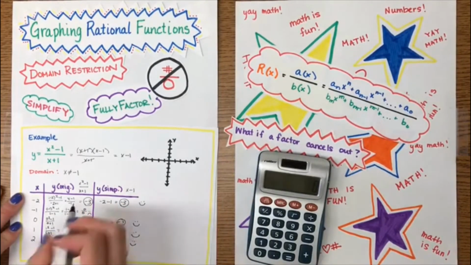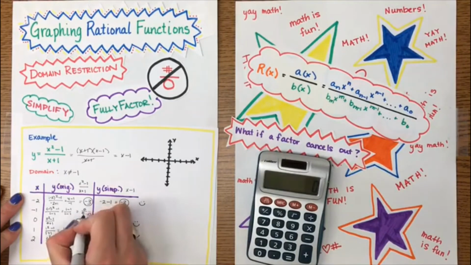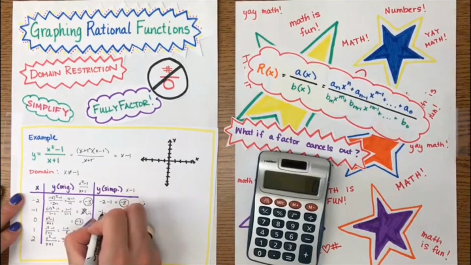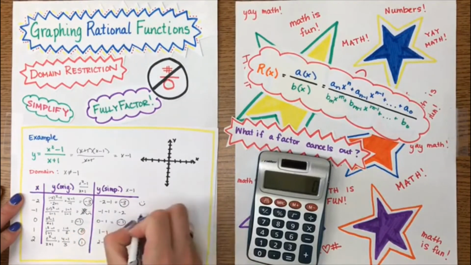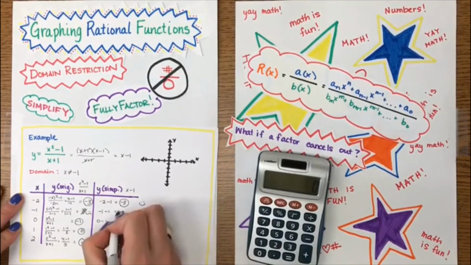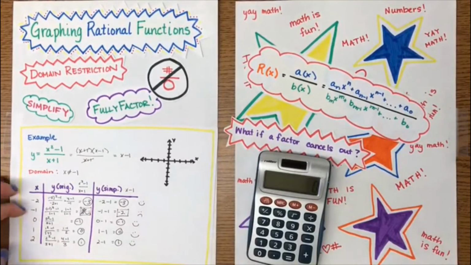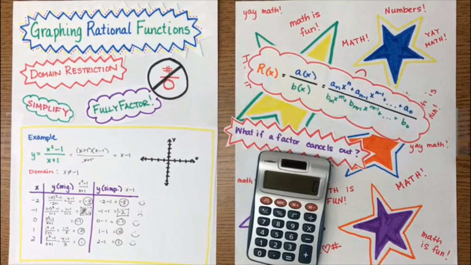This means that my graph is undefined at this point. If I plug negative 1 into the simplified function, I get negative 2. So at x equals negative 1, this is the only point where my original function and my simplified function do not agree.